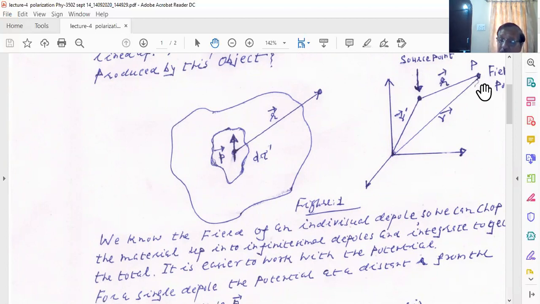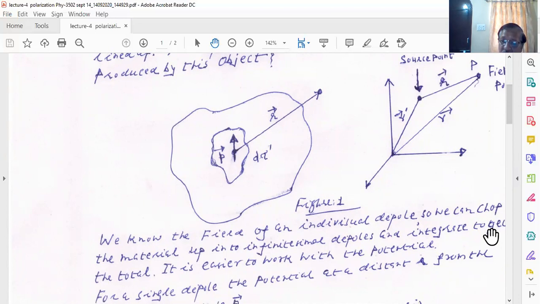We take the gradient of 1 upon r because we have different dipoles, so this vector r is continuously changing.